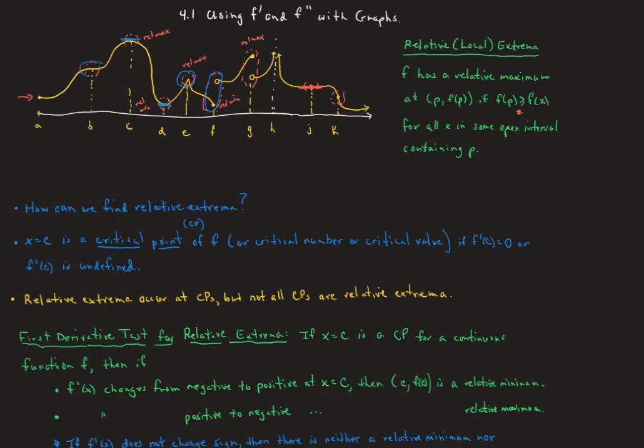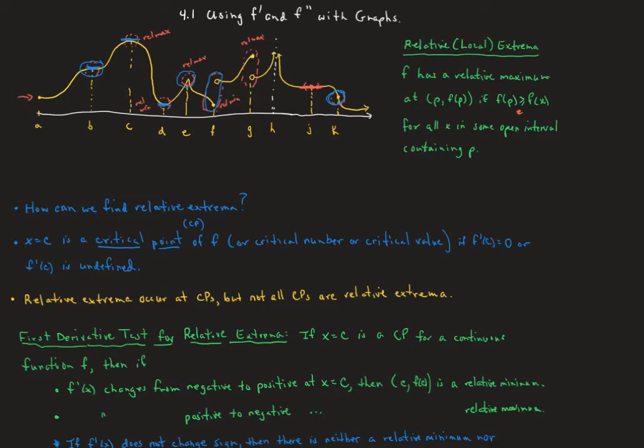This is an example of one where you're going to have a horizontal tangent here, but you can see it's not a relative min nor is it a relative max. This is going to qualify as a critical point because there's a vertical tangent there. The derivative is undefined, but it is not a relative minimum nor a relative maximum.